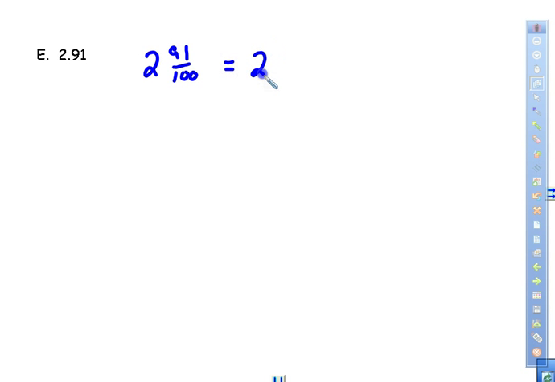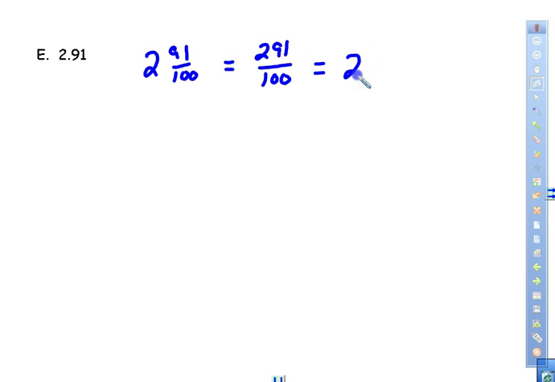So again, if we're writing this as a fraction, it would be 2 and, so 2 is my whole number, 91 hundredths. So it's going to be 2 and, sorry, did that wrong, my bad. So then we've got the whole, so we've got to make this into an improper fraction, and 100 times 2 is 200 plus the 91, so 291 over 100. Remember, you have to get it over 100, every bit of it, even that mixed number.